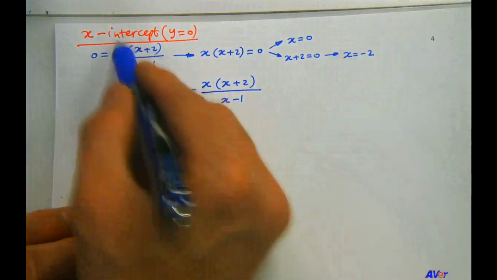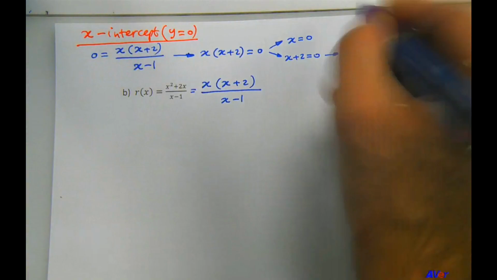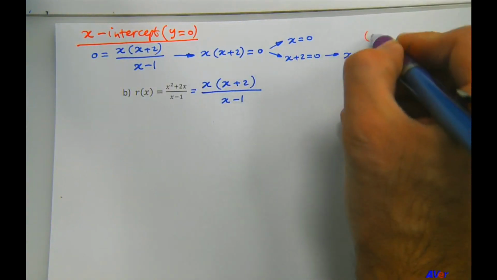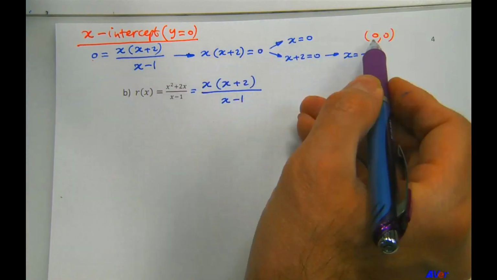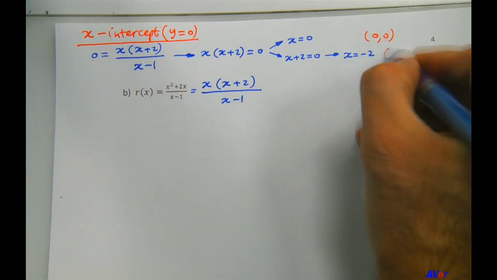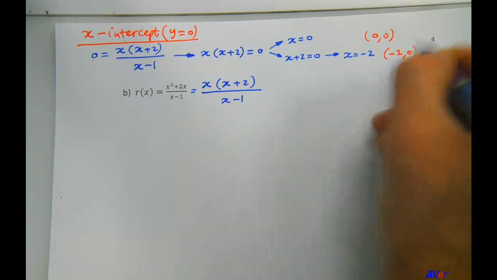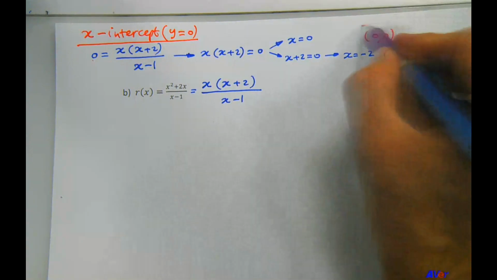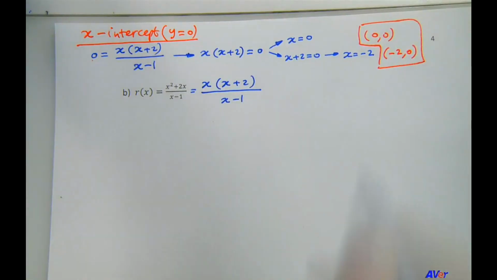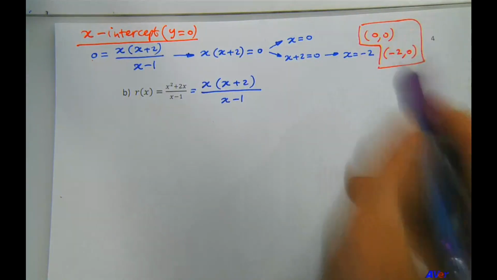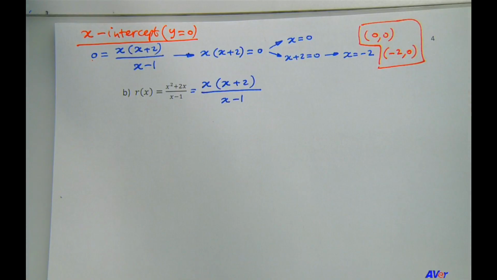So our x-intercepts are 0, 0, and also minus 2, 0. So these are the two x-intercepts here. Okay, 0, 0 and minus 2, 0.